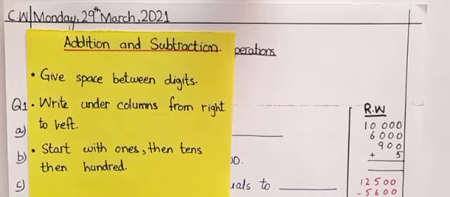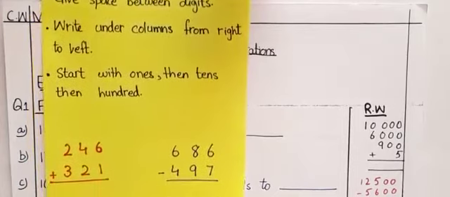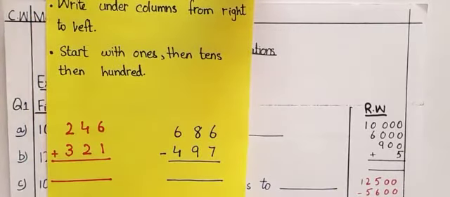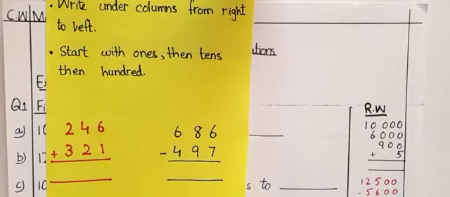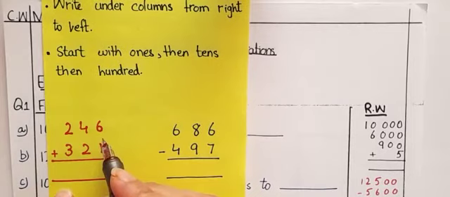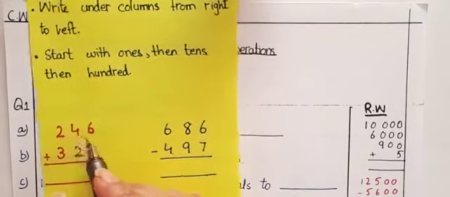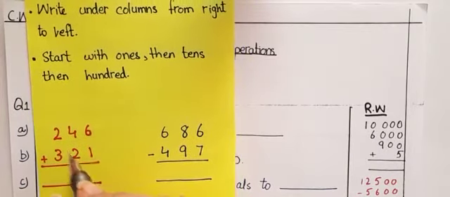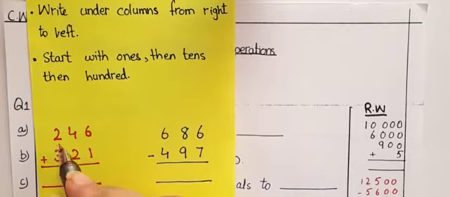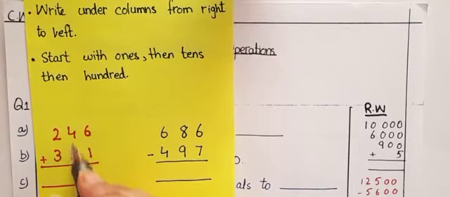Okay? Boys, here you can see there are two sums. One is of addition and one is of subtraction. Okay, let's move toward our sum. Here you can see, boys, we have written digits with spaces, and 1 under 6, 4 under 2, 3 under 2. These are in columns, and here you can see the spaces.